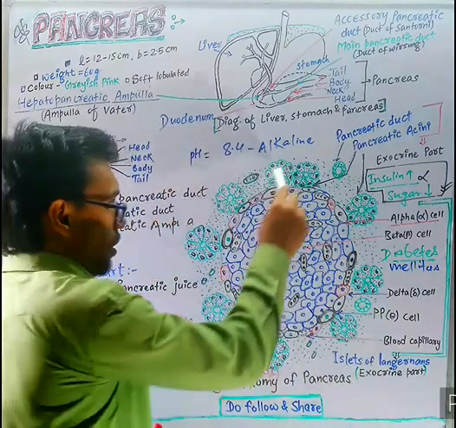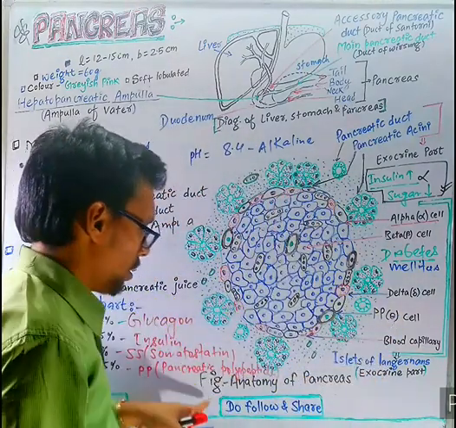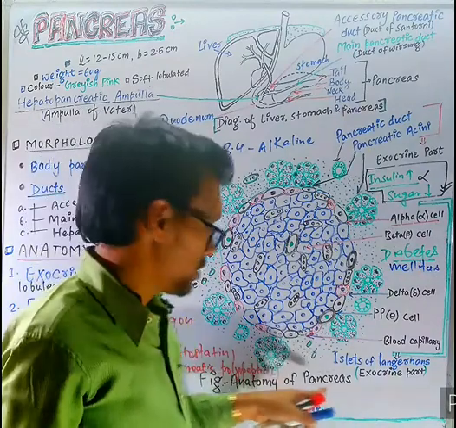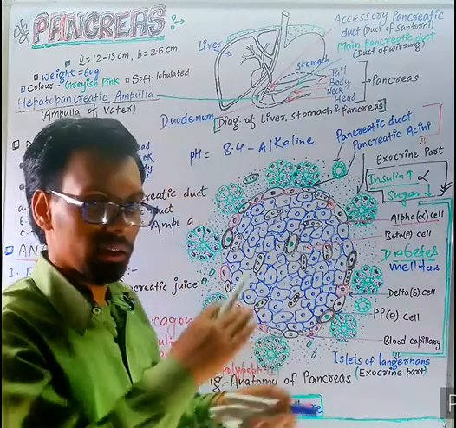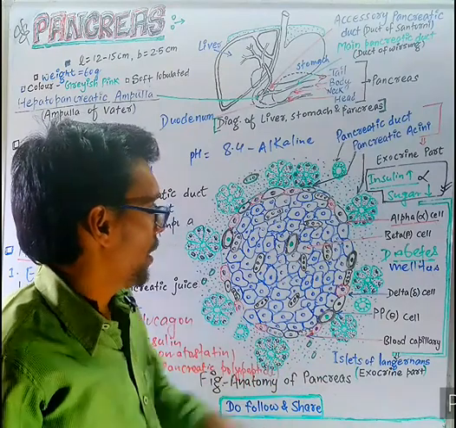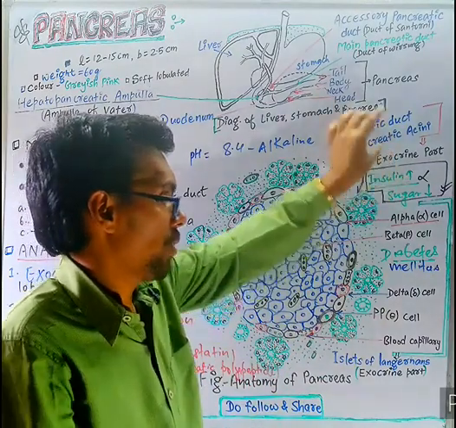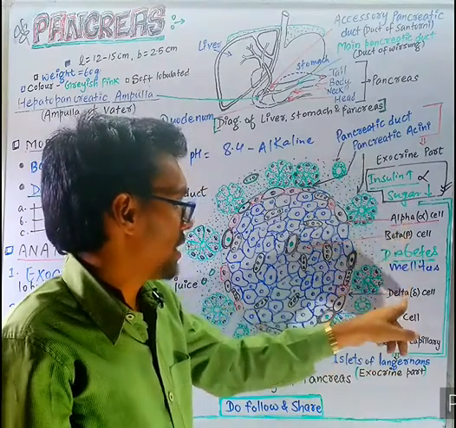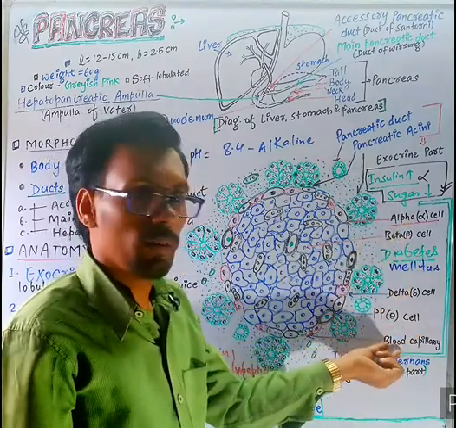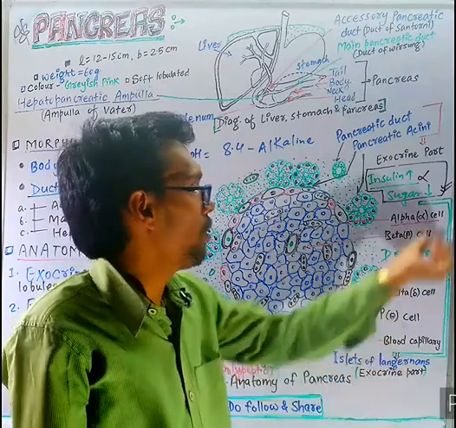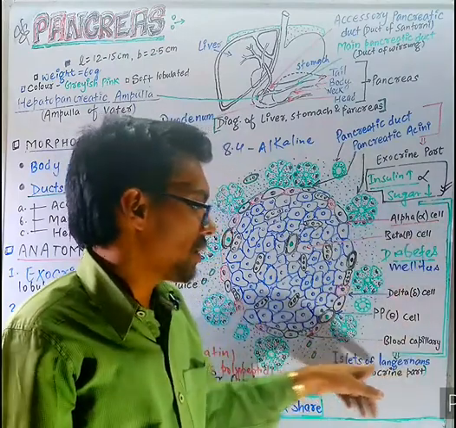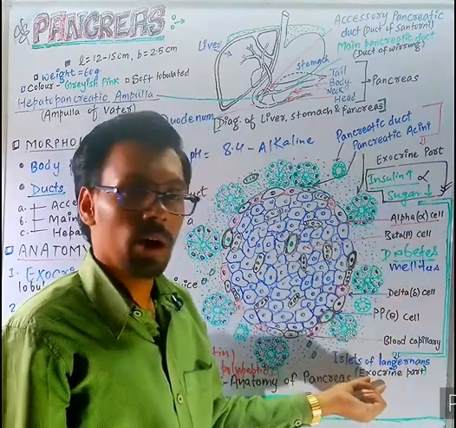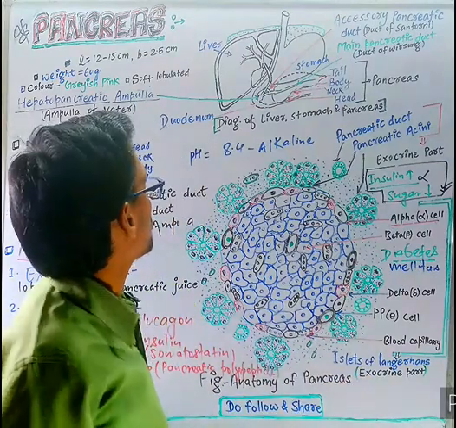Here in the figure is the anatomy of the pancreas. The pancreatic duct and pancreatic acini are commonly called the exocrine part. Here are alpha cells, beta cells, delta cells, PP cells, and blood capillaries, which together form the islet of Langerhans, the endocrine part of the pancreas. We will discuss the pancreas.